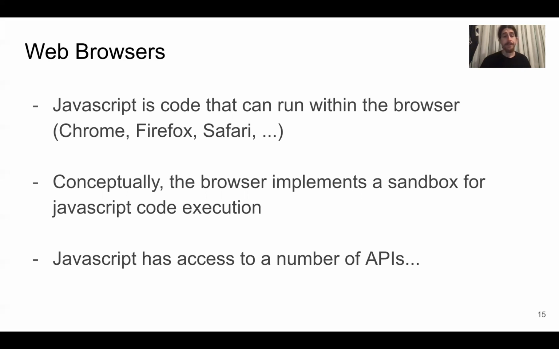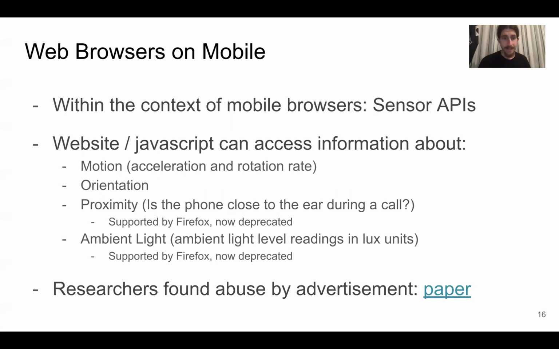With that being said, in modern browsers, JavaScript has access to a number of APIs. Okay, and I've listed some of them here. There are APIs that can access motion data like acceleration, rotation, orientation, or proximity.